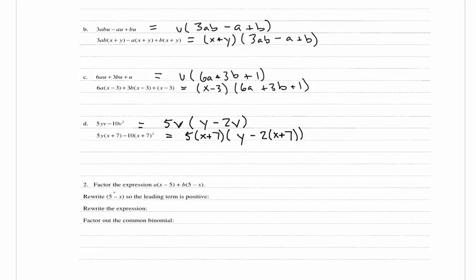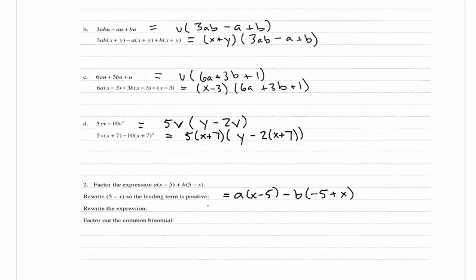If we want to change the signs inside our parentheses, we can factor out a negative 1. So I can rewrite this as a times (x - 5), and if we factor a negative 1 out, we'll have negative 1 times b will be negative b, and then our signs will change inside the parentheses. We'll have negative 5 plus x.